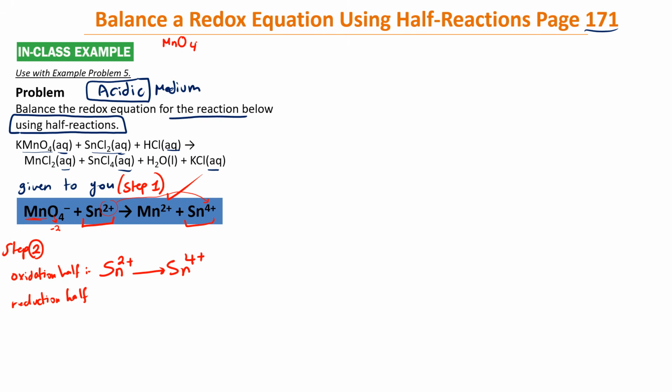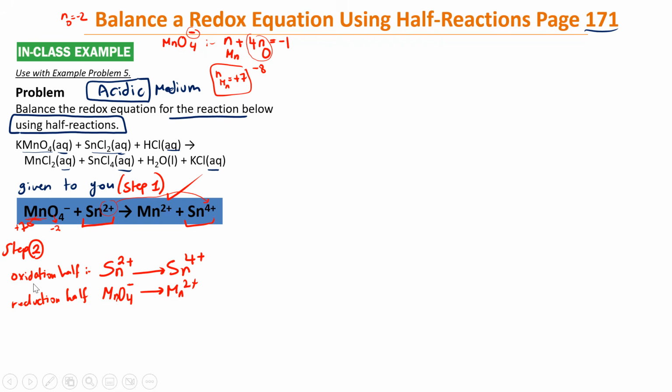So MnO4 minus, here we know that the oxidation number of Mn plus 4 times the oxidation number of O equals -1. Why -1? Because there is a charge above. From the first lesson we know that the oxidation number of oxygen equals -2, so all of this becomes 4 times -2, meaning -8. When we solve the equation, Mn will be +7. So this one here is actually +7. From +7 it became +2, so surely it is reduction. So you write MnO4 minus. Even if you didn't know it, no problem. Why? Because once you found the oxidation, the remaining one is surely the reduction. Gives us Mn +2. Okay.